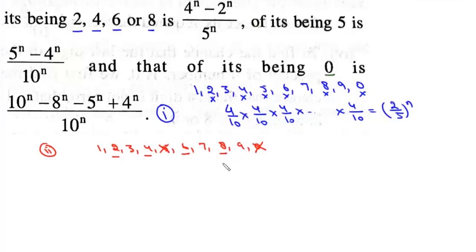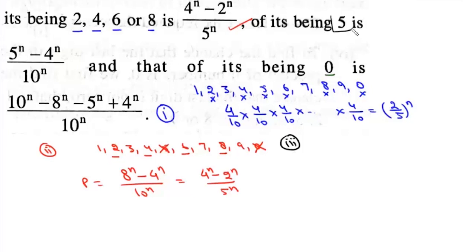So from these 8 numbers we can form 8 to the power n numbers, and from this we'll subtract all those cases in which none of 2, 4, 6 or 8 is chosen. So there will be (8 to the power n minus 4 to the power n) divided by 10 to the power n. So this required probability will be (4 to the power n minus 2 to the power n) upon 5 to the power n, and that's your second part.